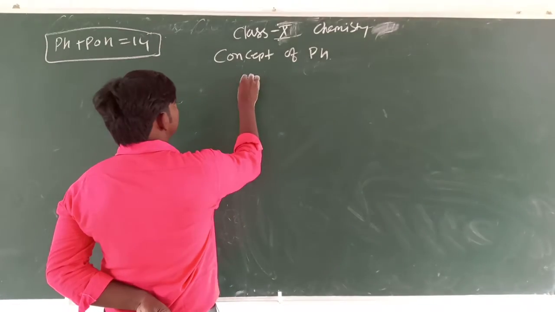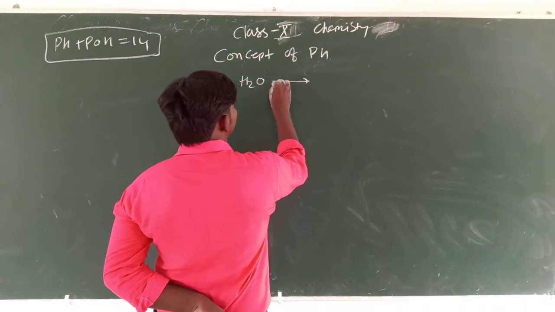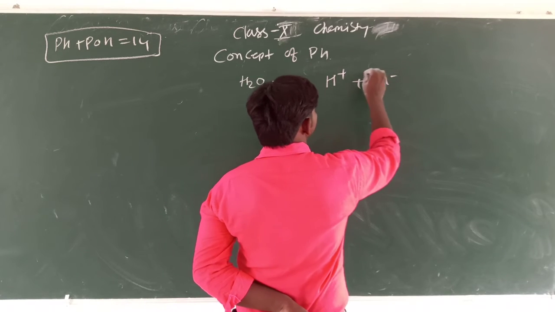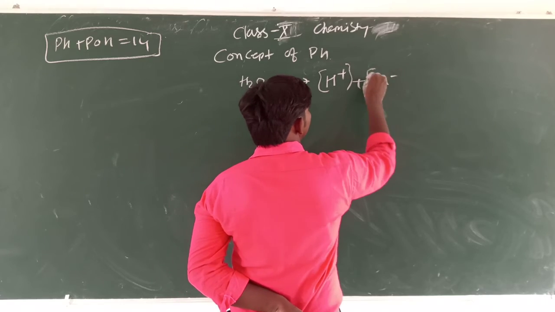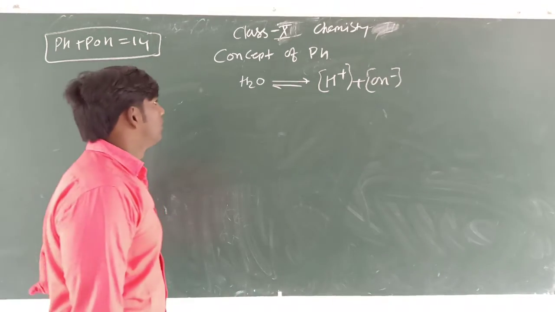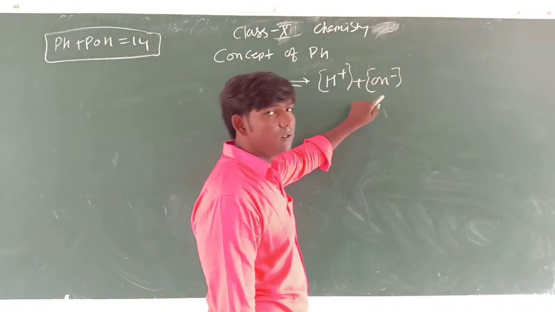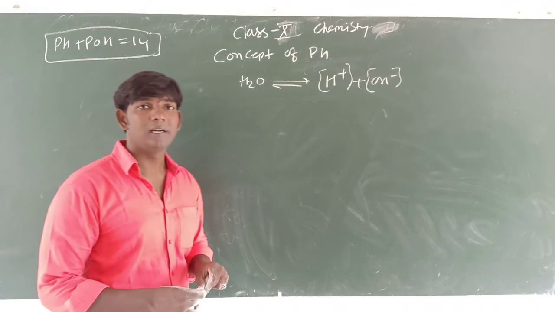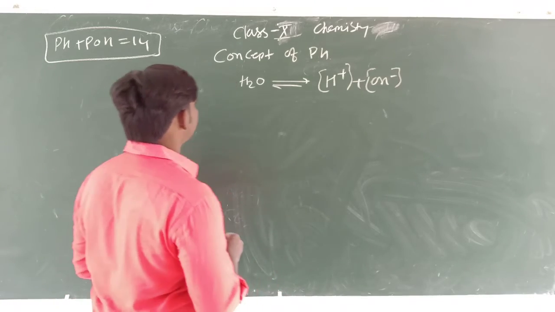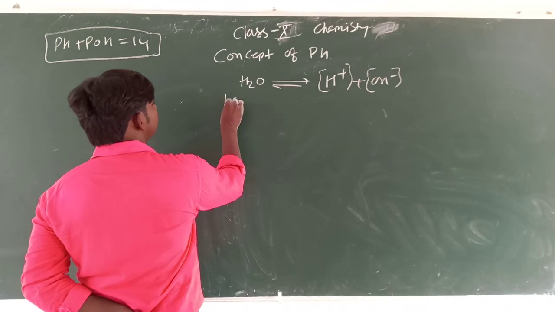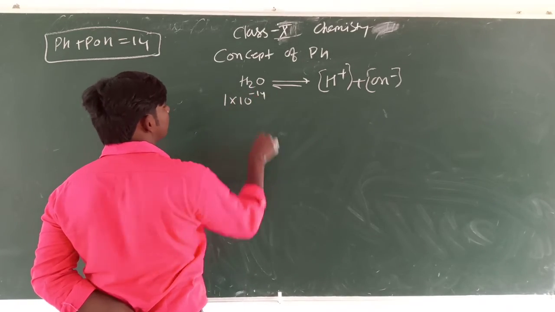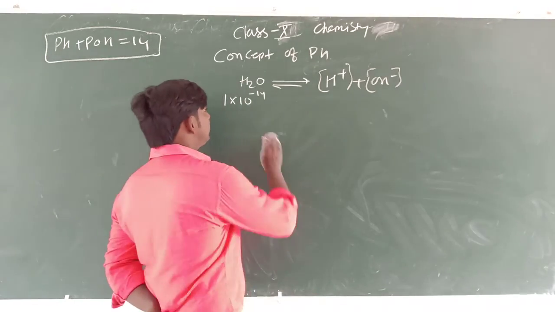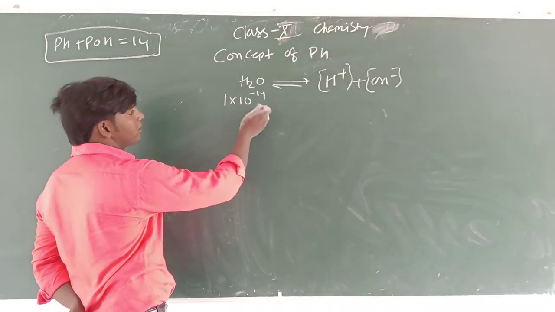See, water has an ionic product from H plus and OH minus. Water has both H plus ion and OH minus ion, and the ionic product of water is 1 into 10 raised to minus 14.